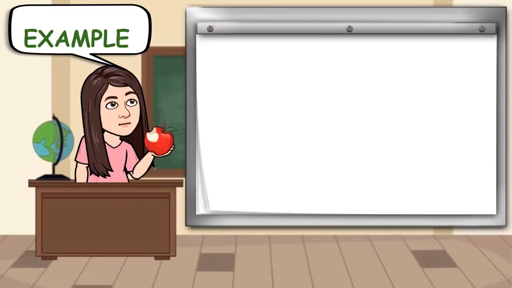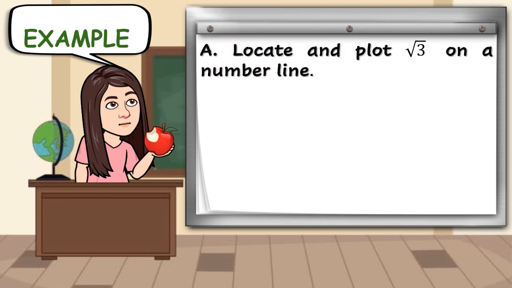In your previous activity, you determined two consecutive integers between which the given square roots lie. And now, we will apply that knowledge in this lesson. For example, letter A, locate and plot square root of 3 on a number line. Since ang 3 ay hindi perfect square, hahanap tayo ng dalawang perfect square number na pinakamalapit kay 3.